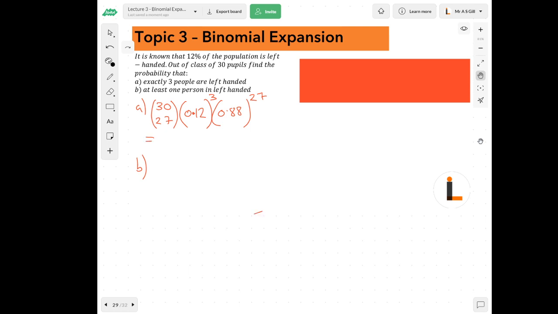And our final answer is therefore going to be 0.222 to 3 significant figures.